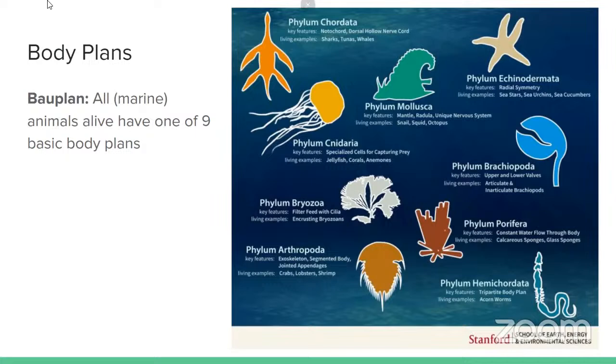So if you suddenly don't develop a spine and bilateral symmetry as you are developing, that is not going to go well for you.